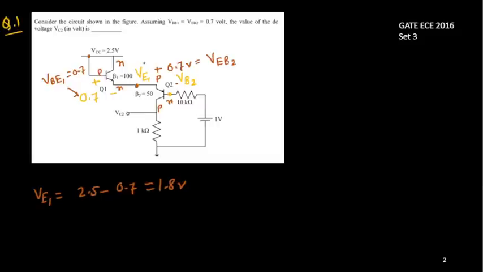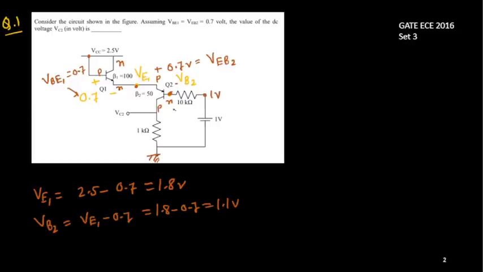And as VE1 is 1.8 volt, what about VB2? Again there is a drop of 0.7, so VB2 is VE1 minus 0.7, which is 1.8 minus 0.7, giving 1.1 volt. So this potential is 1.1 volt. This is your 1 volt, because this is the source and this is grounded.